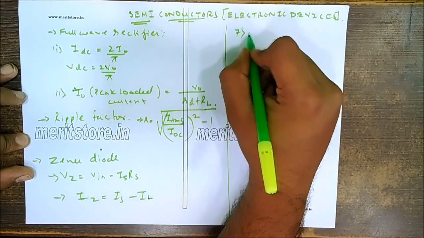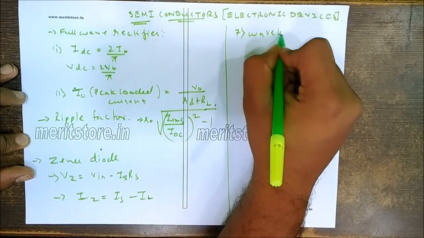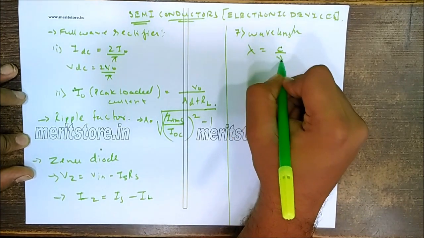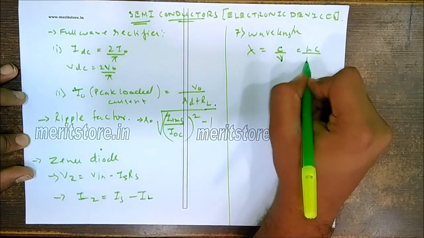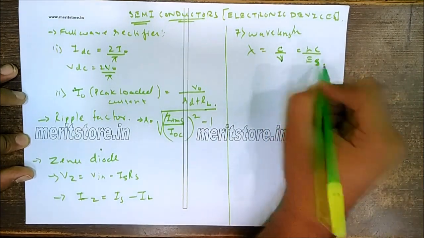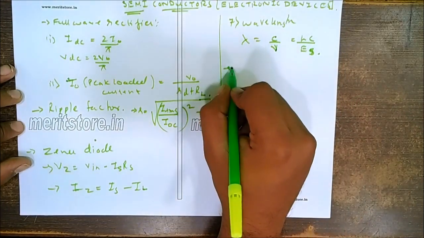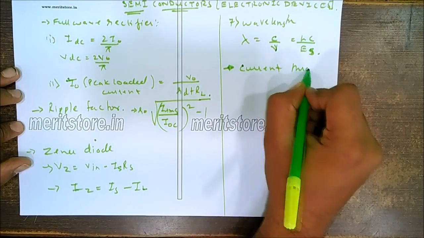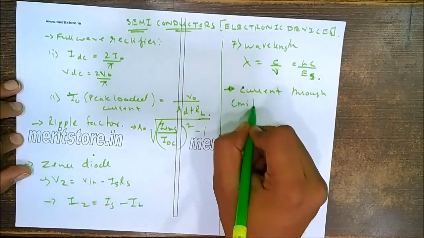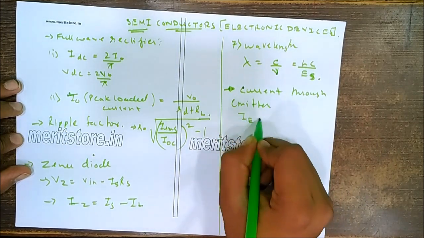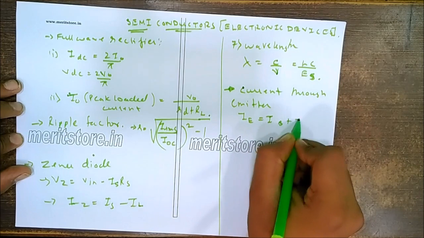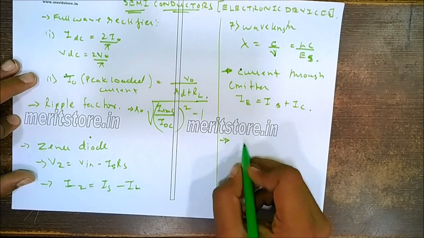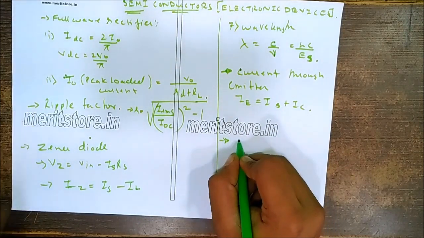Wavelength lambda is equal to C by nu, that is equal to hC upon EG. The next is current through emitter, that is I is equal to IB plus IC. The next is common emitter amplifier.